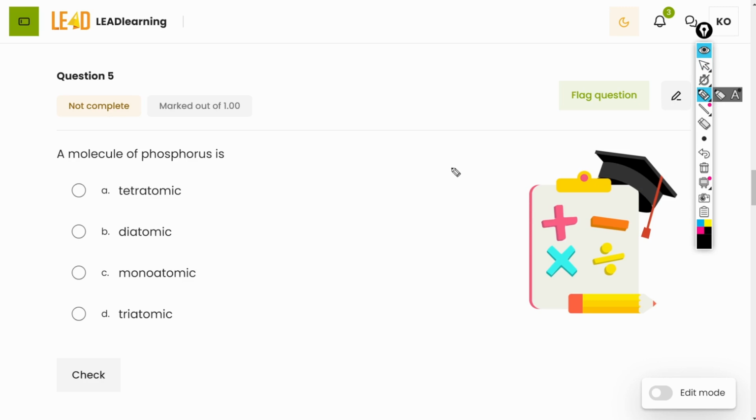Question 5. A molecule of phosphorus is actually tetraatomic.